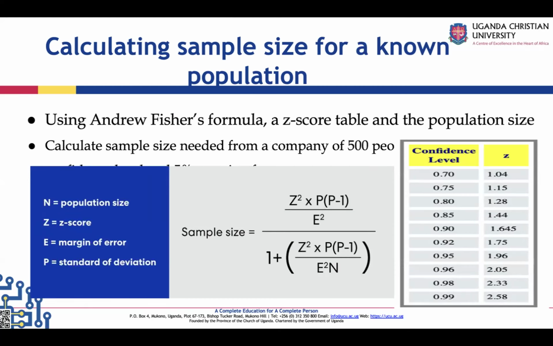However, if you do know the population size, for instance, you are looking at a company that has 500 people, how many do you want to sample? You can use this alternative formula which includes the population size at hand, represented by n.